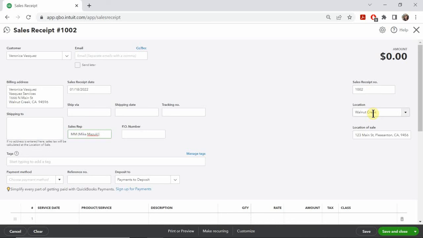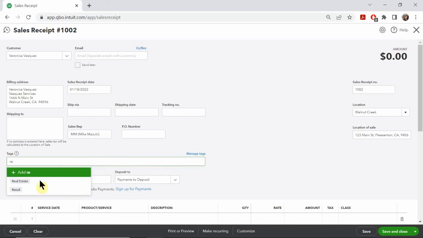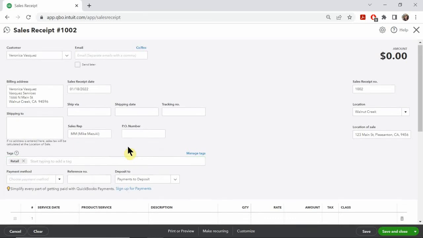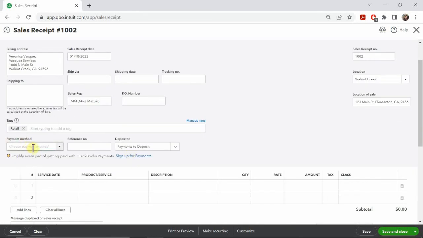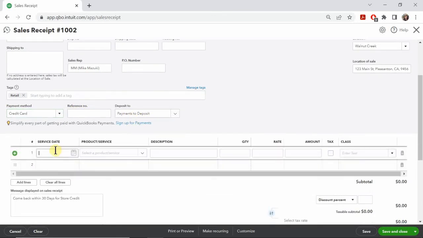Walnut Creek location, okay? Once again, tag is retail because we sold it in the store, okay? And then payment method is going to be credit card, right? It's going to be payments to deposit, and we're going to sell to her the Supra camera package.